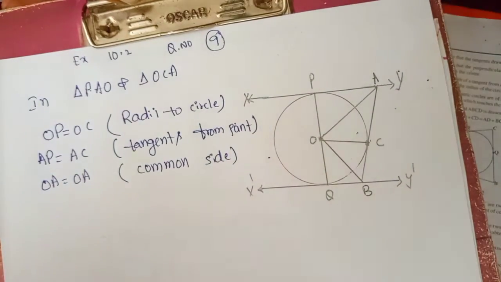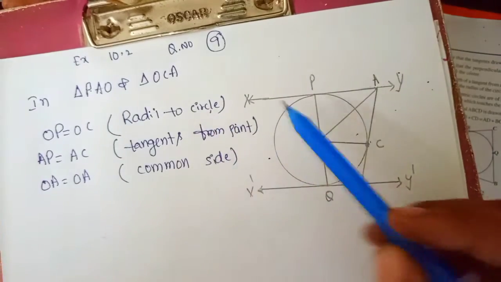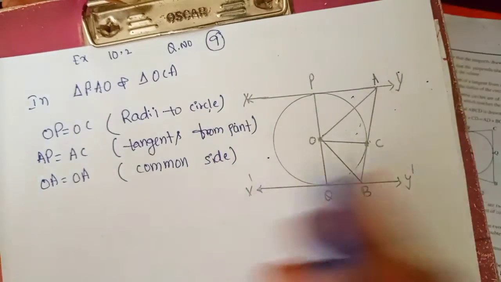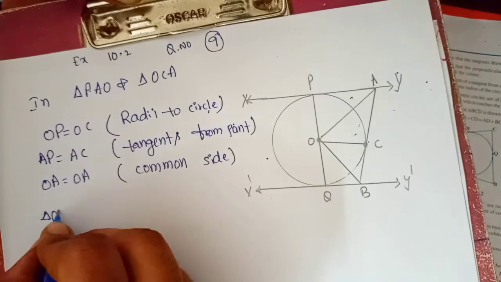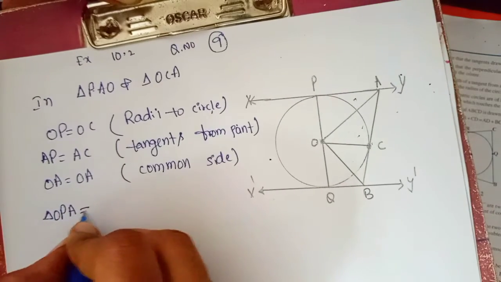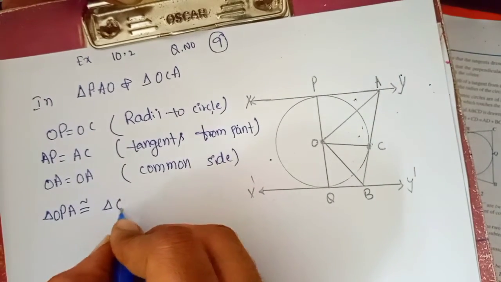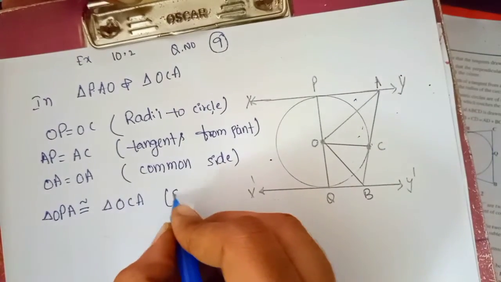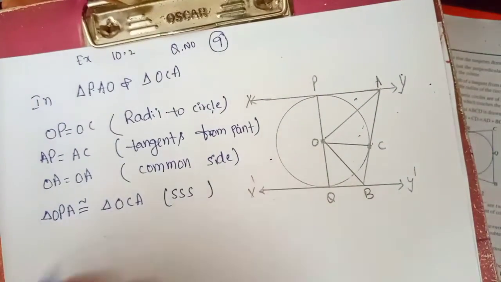Okay. So, by SSS congruency, these two triangles are congruent. So, triangle OPA is congruent to triangle OCA by SSS congruency.